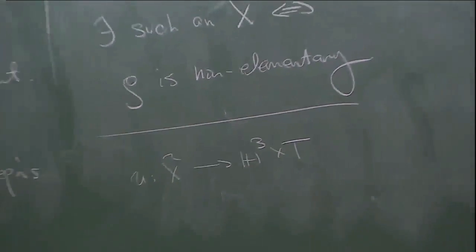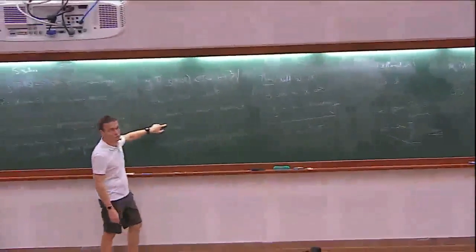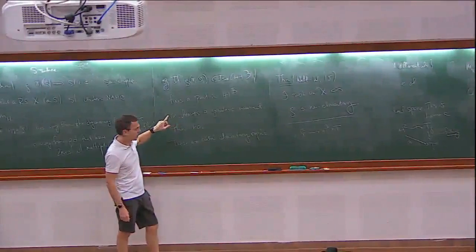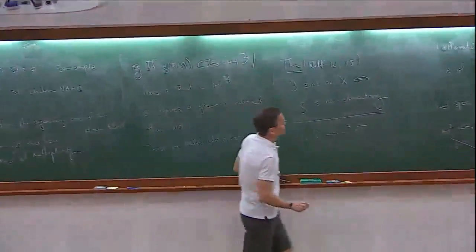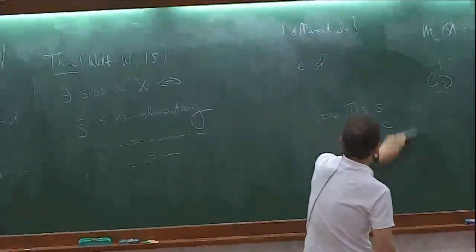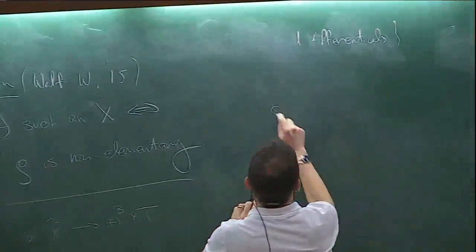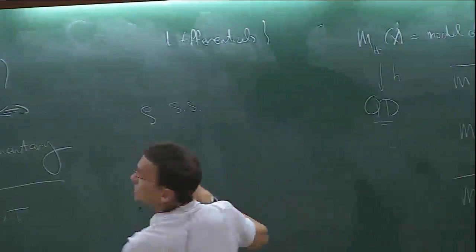Non-elementary means something that's neither one of these two. More precisely, let's assume rho is semi-simple.